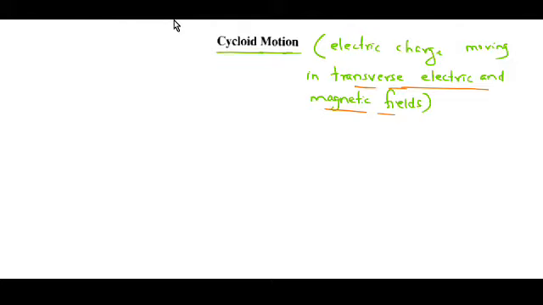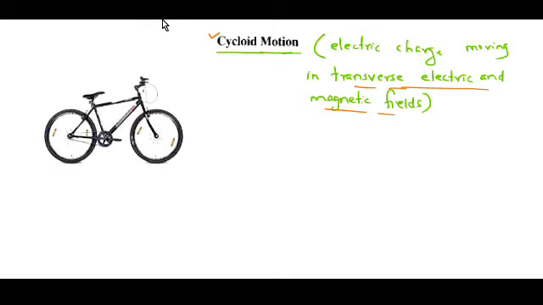As the name suggests, cycloid. Everybody knows the motion of the cycle tire. If we consider this cycle and a point on this wheel, that is here, the tire, when the cycle starts to move, then if you concentrate on this point, and if this is a road, that point is now here. The cycle tire rotates, and the point also moves, and this is time equal to 0.